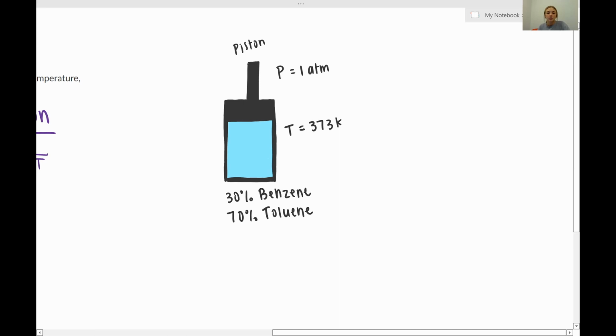So to determine what pressure those bubbles are actually forming at, heat would need to be supplied to our system so that we keep that constant temperature at 373 Kelvin. But then while that first bubble is going to form when internal pressure is equal to the external pressure, that bubble is going to have a different composition of benzene to toluene. So we're going to have 30% benzene, 70% toluene in the liquid, but the vapor is going to have a different percent composition of each component.